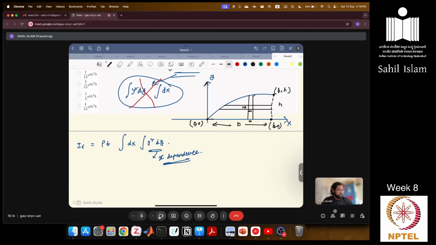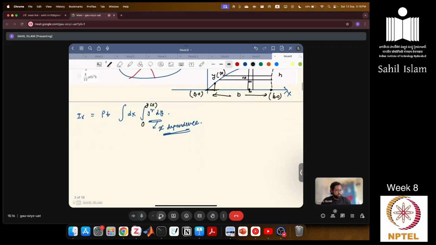So y goes from 0 to some value of y at x. For any given point, y will start at 0 and go to some value of y at x. So the integration limit will be y(x).